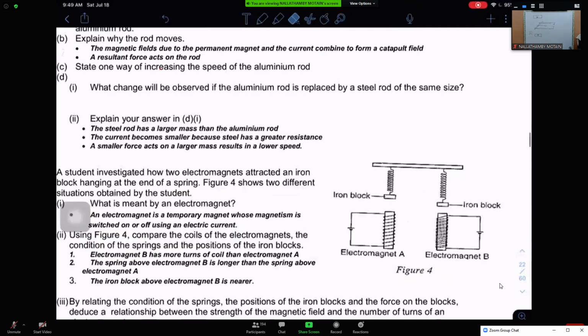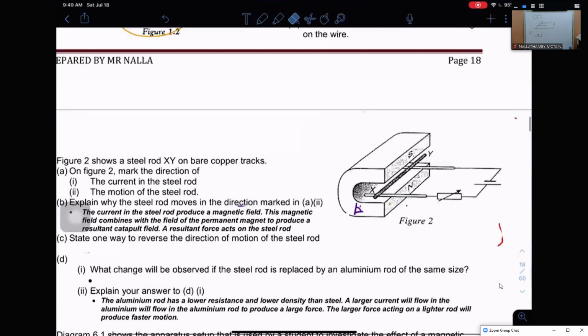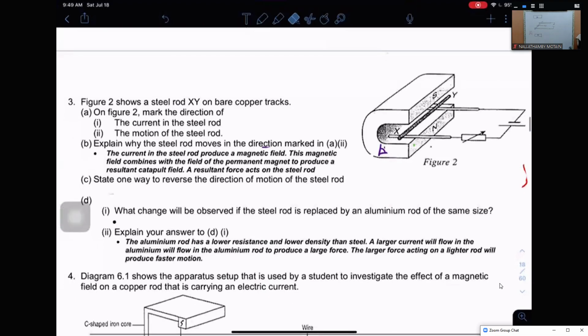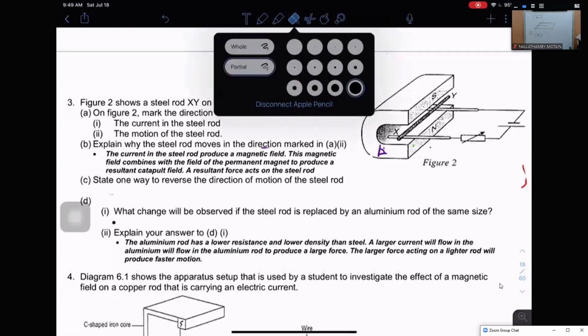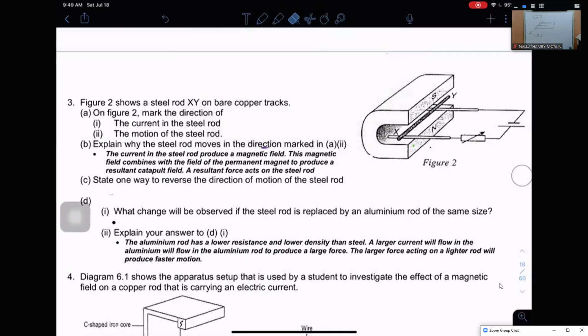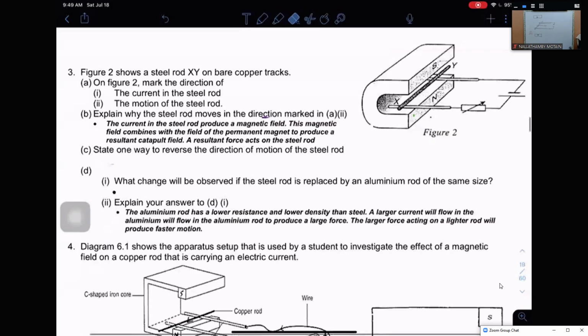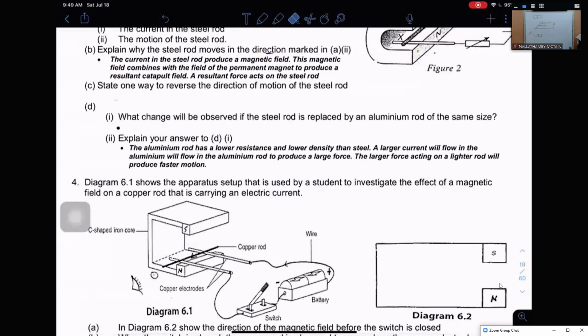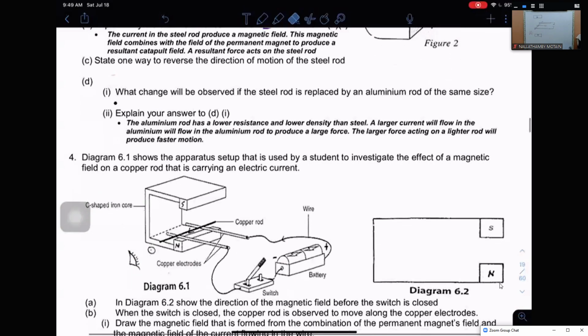Okay, so we continue with the structured questions. I think number 3 we already discussed. Was this question already discussed last week? I think we already discussed this. Okay, we go for question number 4.